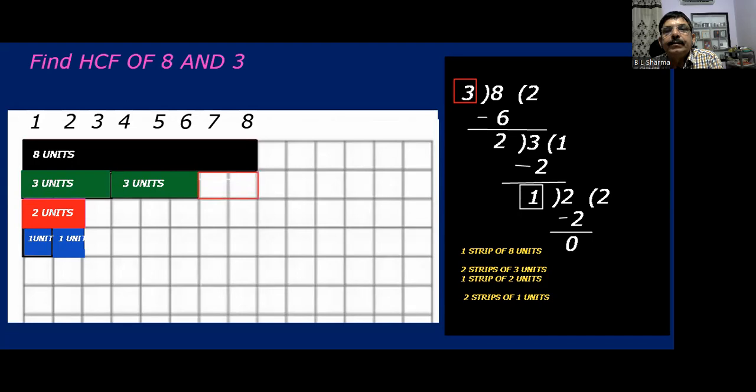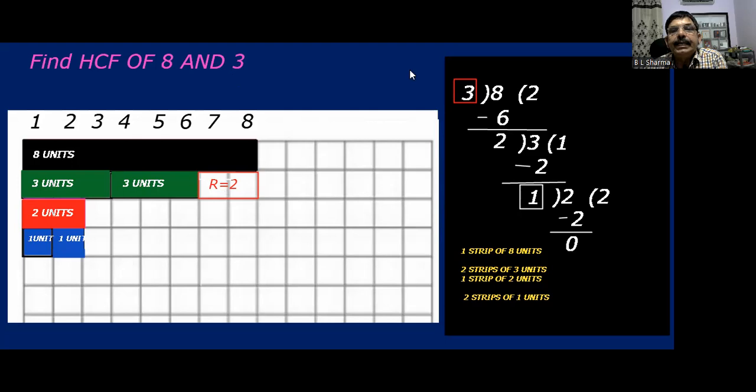And this remainder is 2. देखिए यहाँ पे 2 blocks हैं, तो यहाँ पे where you divide 8 by 3, 3 twos are 6 and the remainder is 2, so remainder is 2 here.